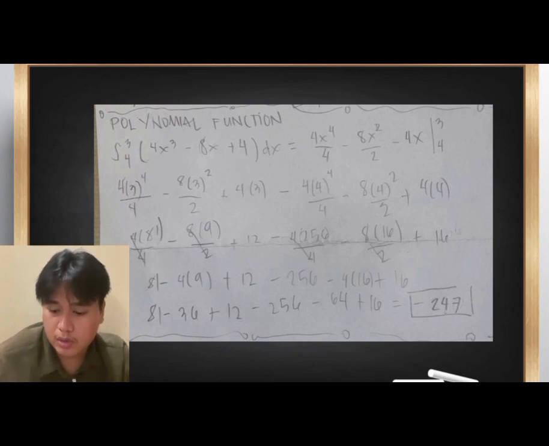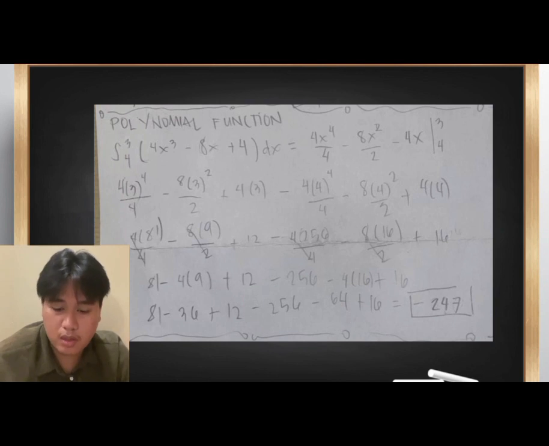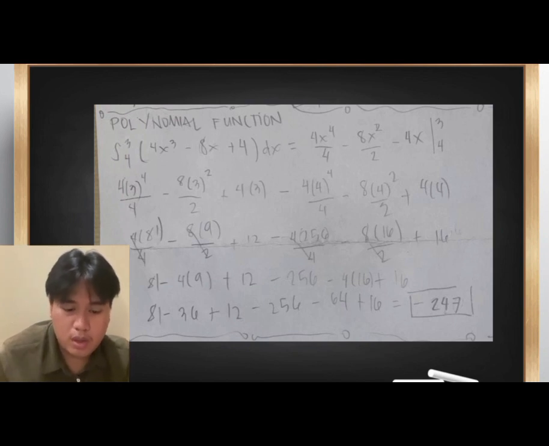Then we can simplify further, which is 81 minus 36 plus 12 minus 256 minus 64 plus 16. It is all equal to our final answer, negative 247.